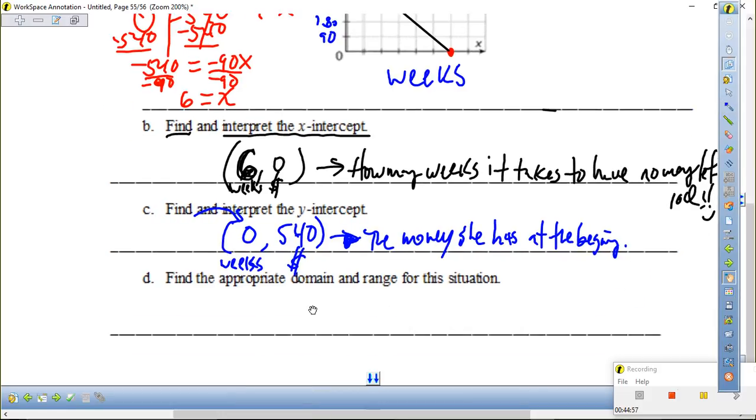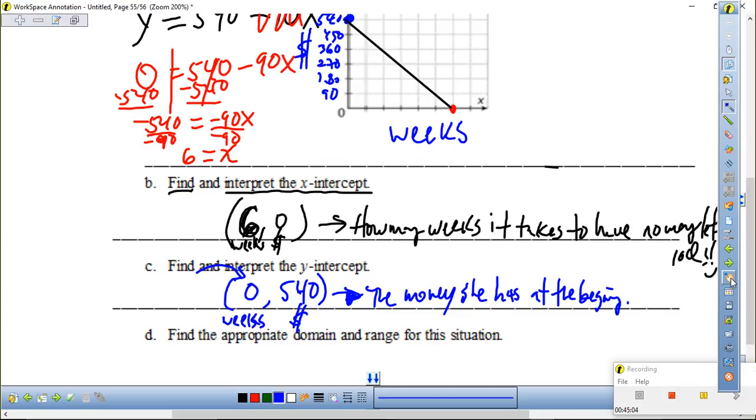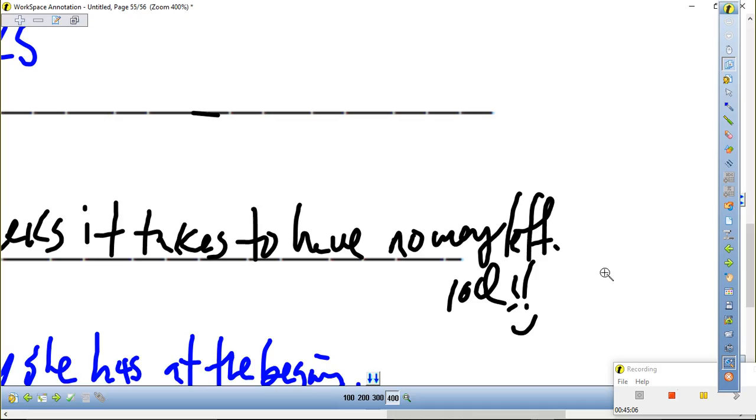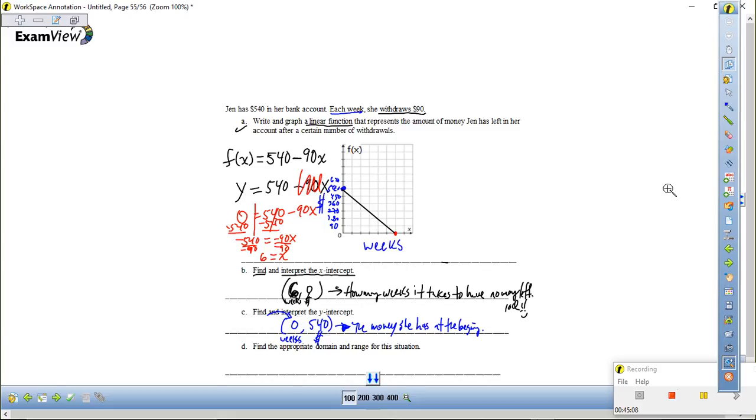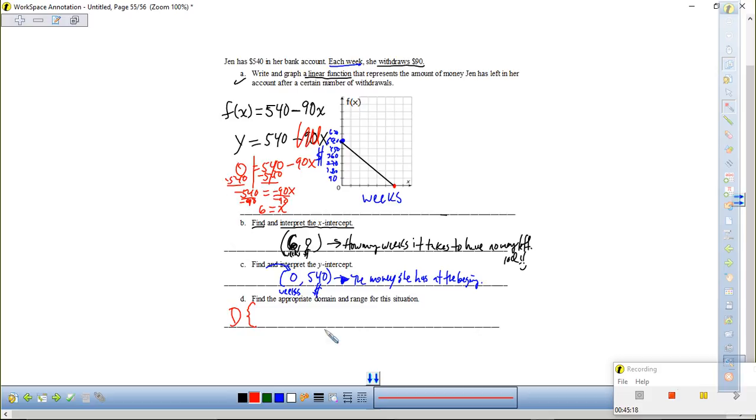So, find the appropriate domain and range for the situation. So, domain. Let me zoom out. Here we go. The domain is my X value. How much does she withdraw? $90 every week, right?